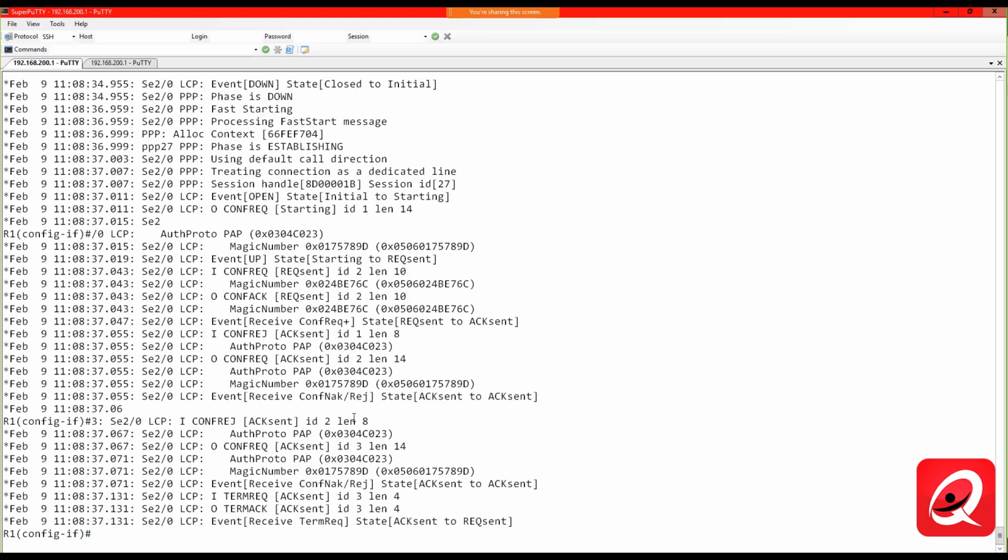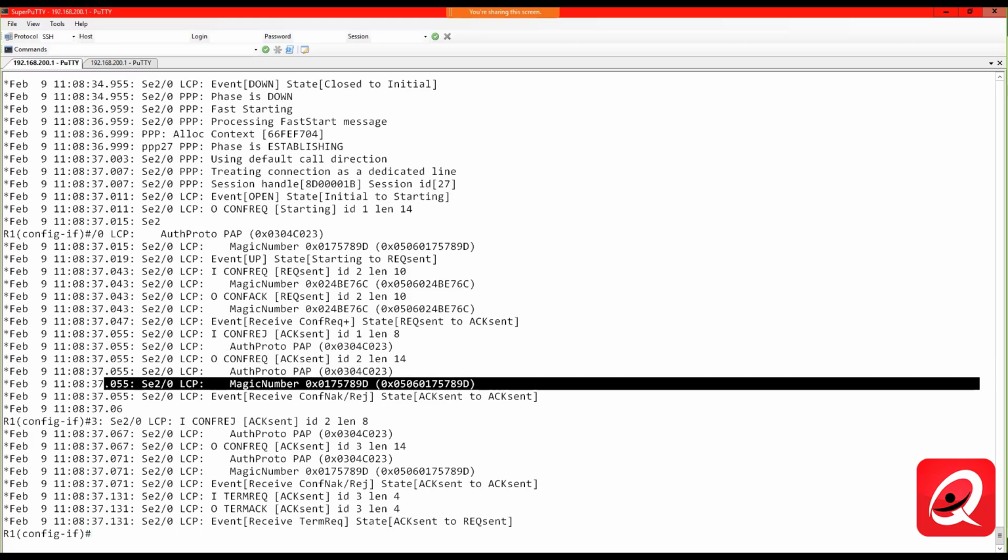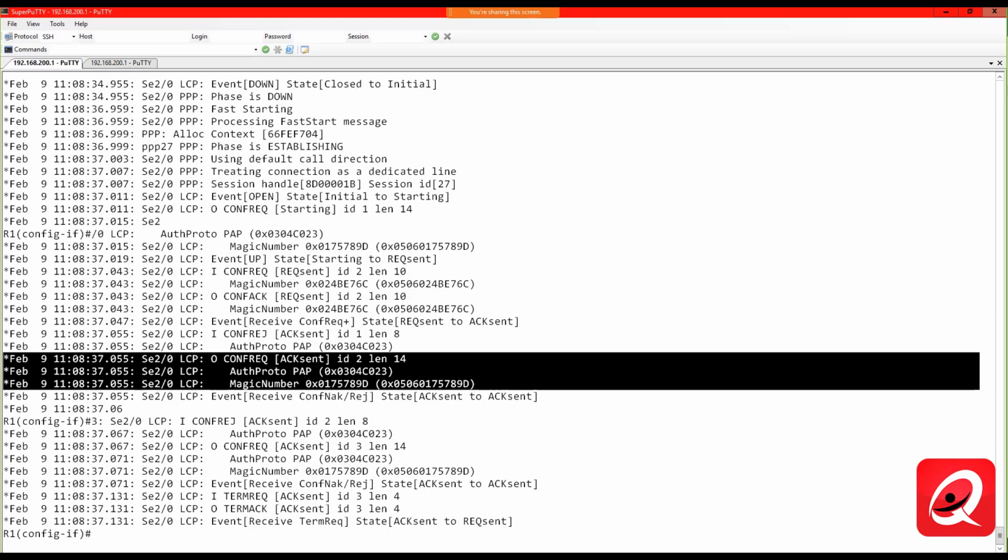Here, for example, is the O configuration request. This is an example of my magic number. This is outbound, so I know that this is coming from router 1. This is my configuration, my magic number, and I'm saying that you need to be doing PPP authentication.